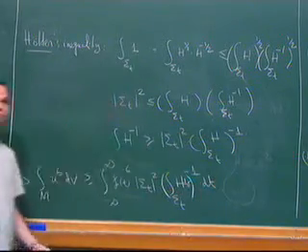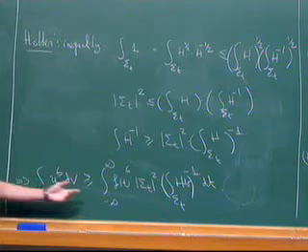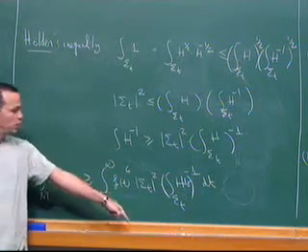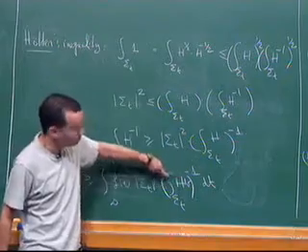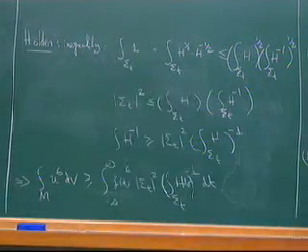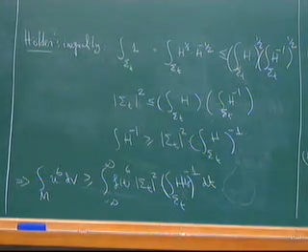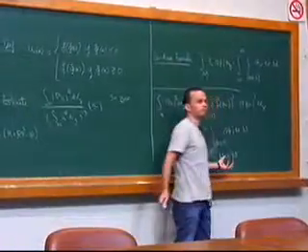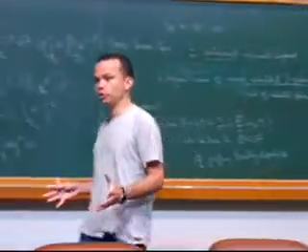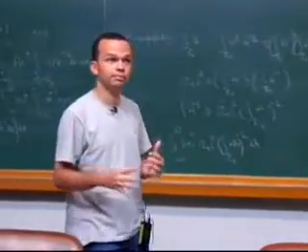And why is this good? Well, this is good because I want to bound this from below. But if I want to bound this from below, then I need, again, to bound from above the integral of the mean curvature. Exactly the same thing that I have to do if I want to bound this from above. So now the goal is to estimate the integral of the mean curvature from above.